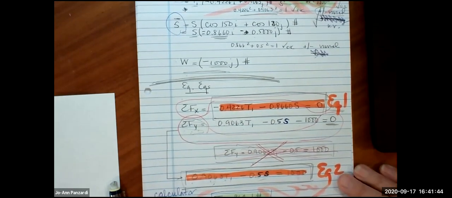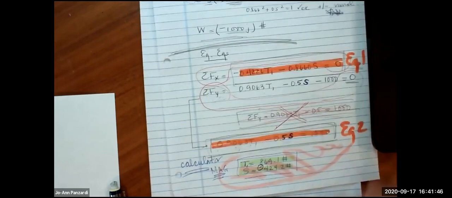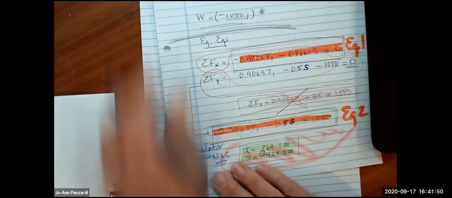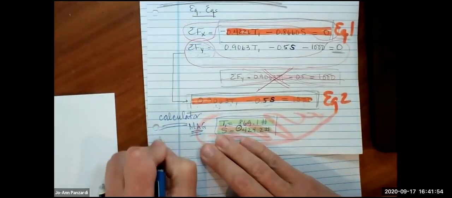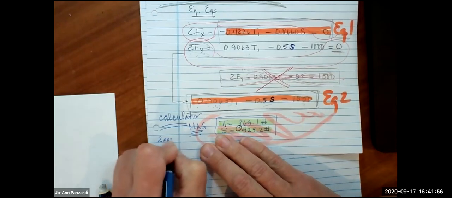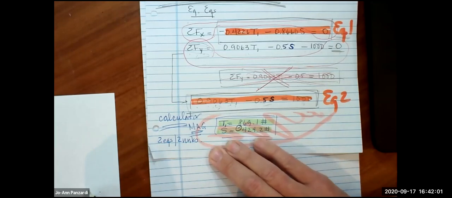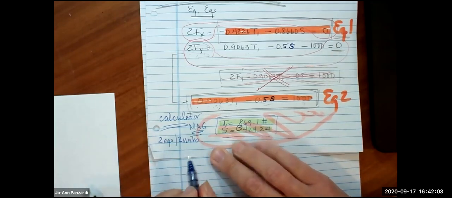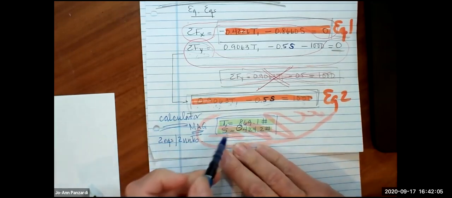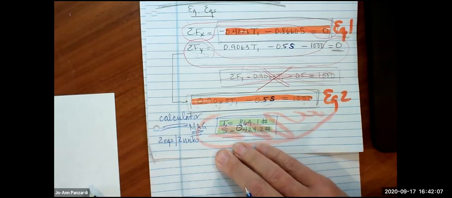But the other way of setting it up using the calculator is, the calculator has a method where you could plug in two equations and two unknowns, and then you hit a button and the calculator gives you the answers.